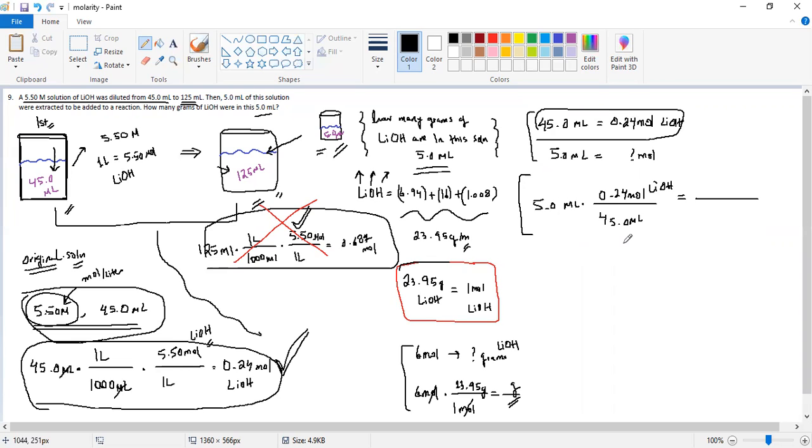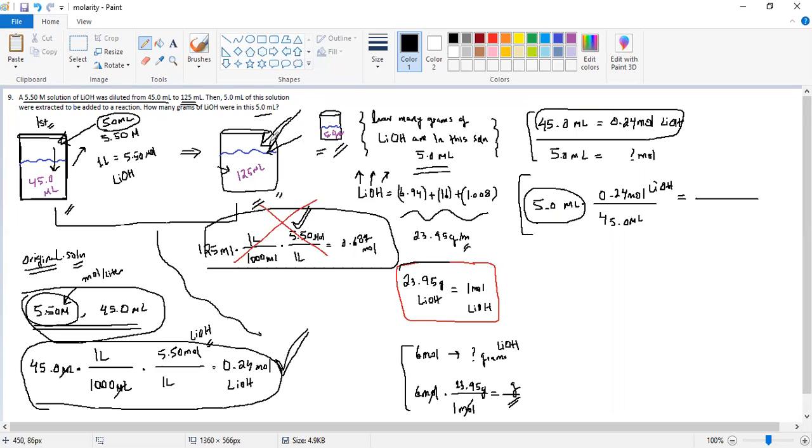This would not be the amount of moles that are in 5.0 milliliters, because the 5.0 milliliters was extracted from this solution, not this solution. So 5.0 milliliters here will have a different amount of lithium hydroxide in terms of moles per liter, right?